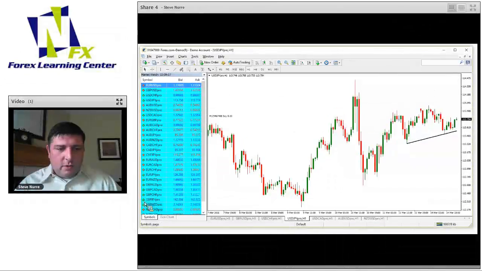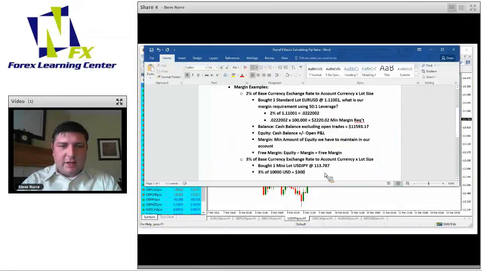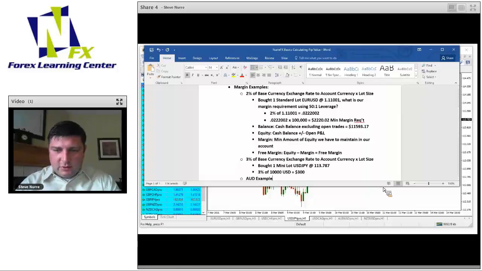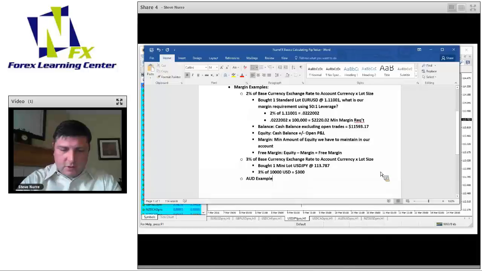Depending on where you live, this can also change. This is for a US dollar based account. If you were to live in, let's go through an Australian example, I believe in Australia you have leverage available to you of 100 to 1, which would be a 1% margin requirement.